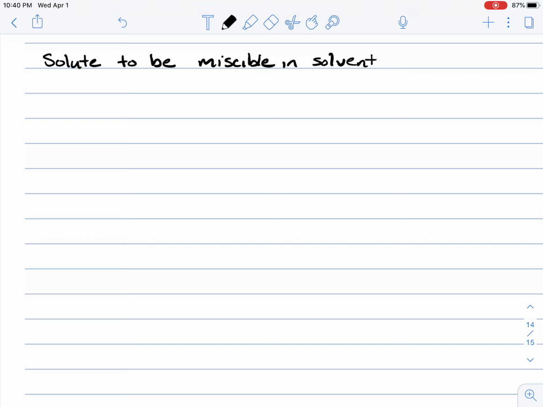And so it turns out that for solutes to be miscible in solvent, its polarity must be similar to the solvent.